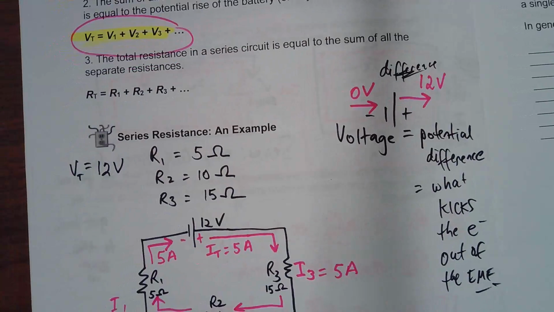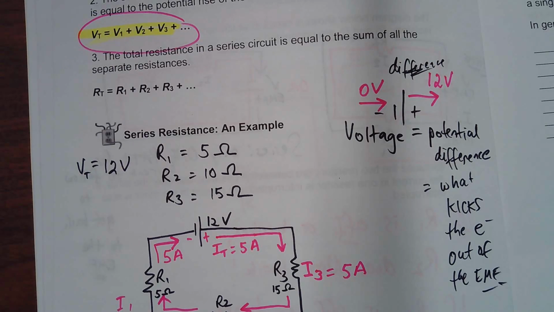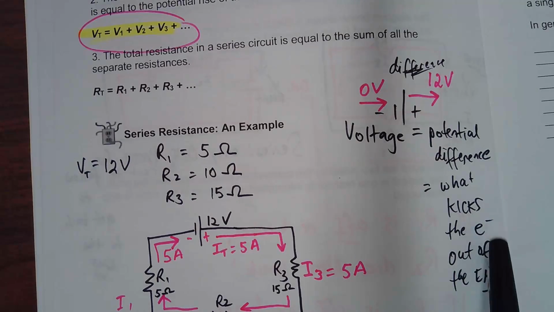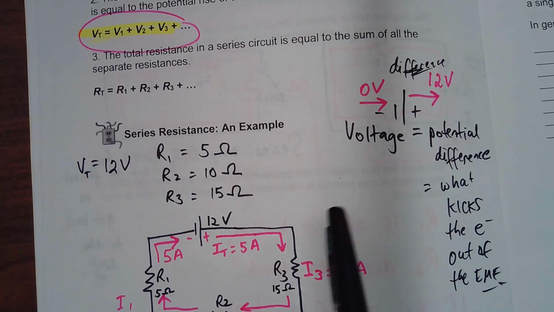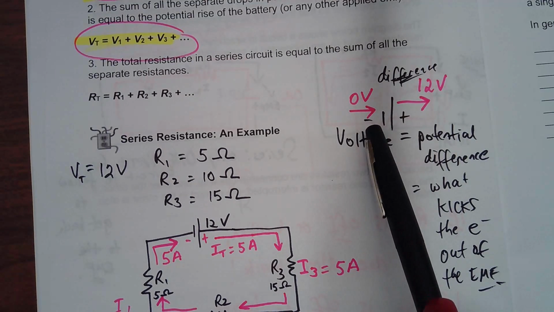You want to use up all that kick, all the pressure that gets the electrons to come out. By the end of that loop, whether series, parallel, or combination, it has to come back with 0 volts.